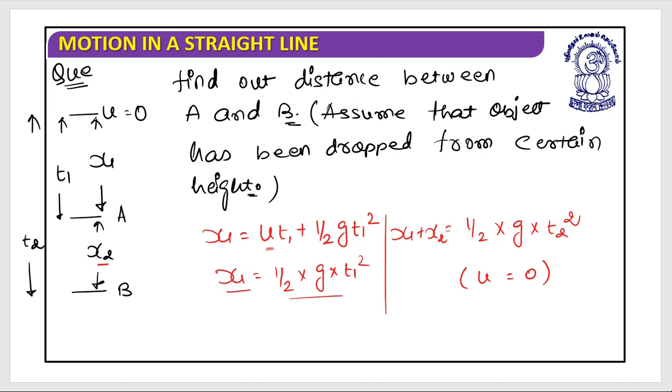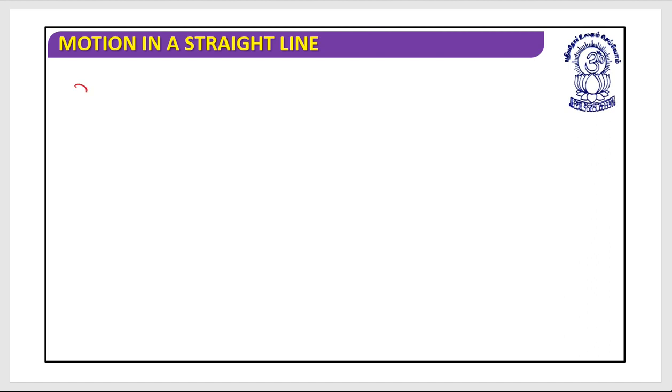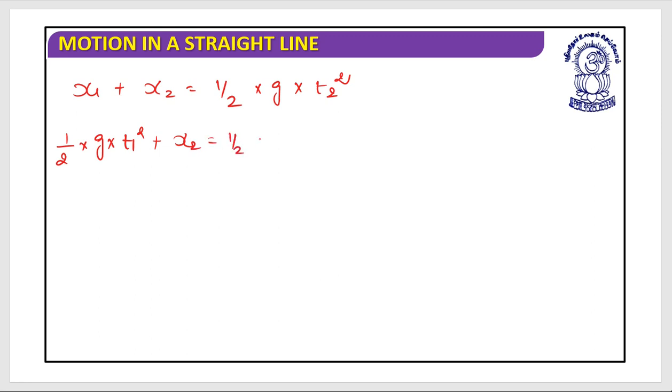I know the value of x1, it is half into g into t1 square, plus x2 is equal to half into g into t2 square.